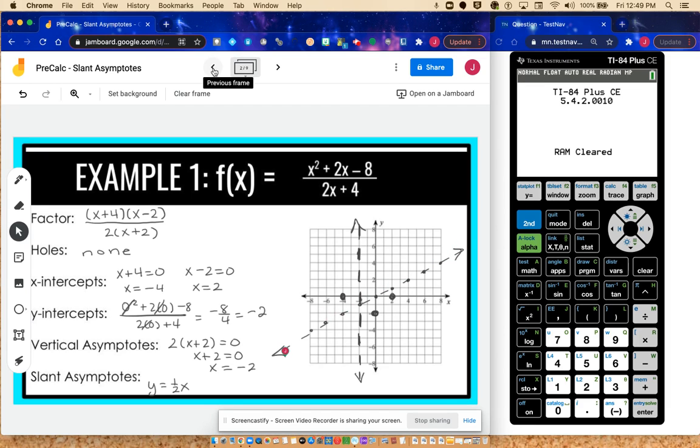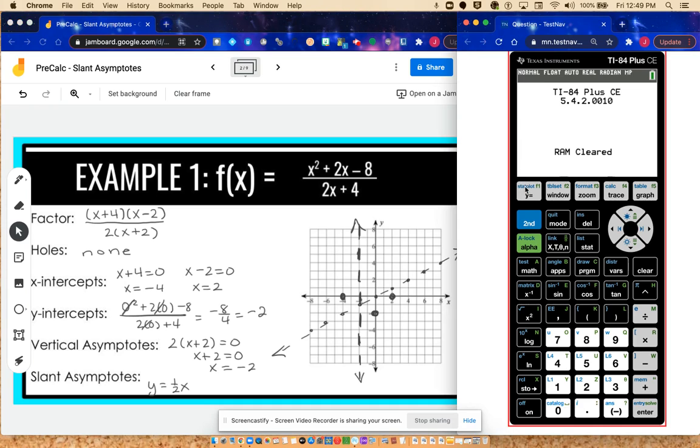All right, finally, what we need to do is get a few more points to see what's going on here, and that's where our calculator is going to come in. So for our y equals, we have x squared plus 2x minus 8, and that's going to get divided by 2x plus 4. All right, we're going to go to the table. I just want to count by halves, so I'm going to start at 0.